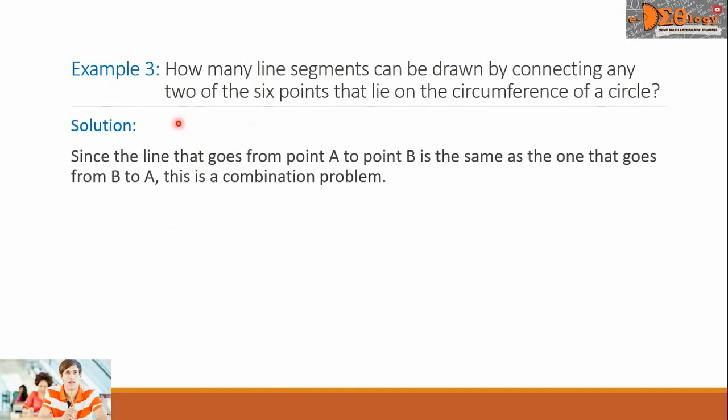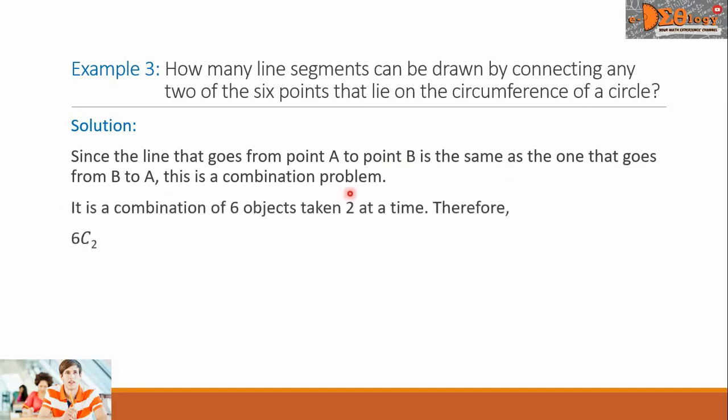For our solution, since the line that goes from point A to point B is the same as the one that goes from B to A, this is a combination problem. It is a combination of 6 objects taken 2 at a time. Therefore, we can write 6C2.